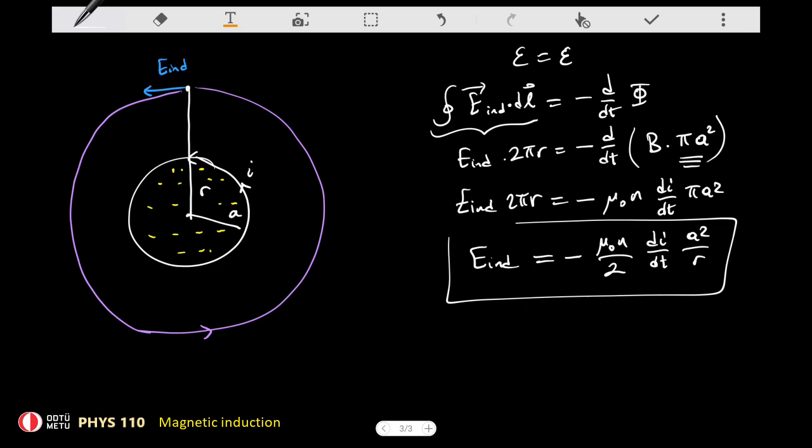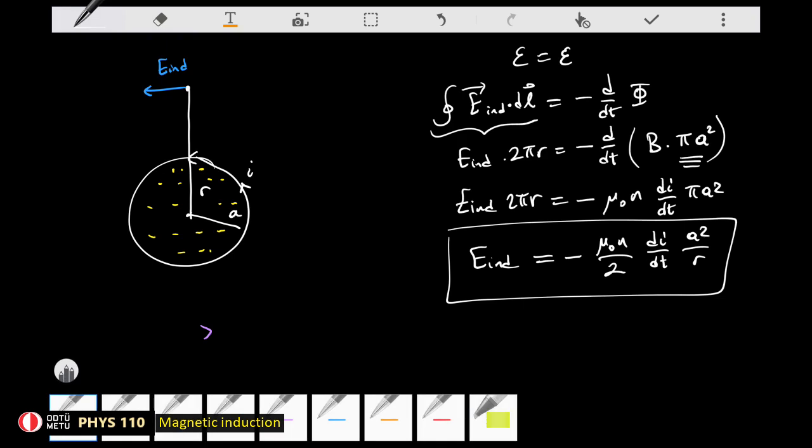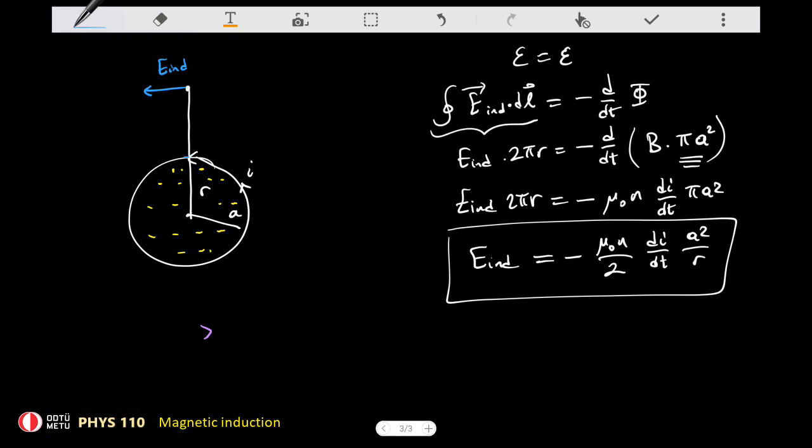So as a result, at our side points, you can say that the electric field is largest in here at the edge of the solenoid, and as you go away from the solenoid, it just decreases like 1 over r. Right, probably I didn't draw this to scale, but of course if you plot this curve, you're going to get 1 over r.